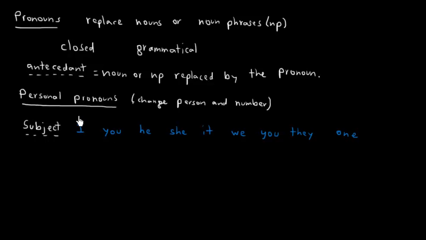And these are the first person singular, second person singular, three versions of the third person singular, male, female, and either we don't know or does not have a gender. And then we have the first person plural, the second person plural, the third person plural, and the indefinite.